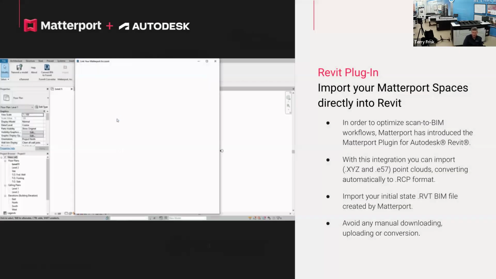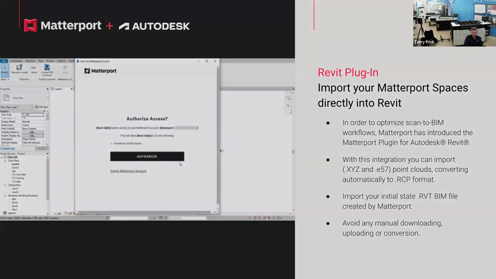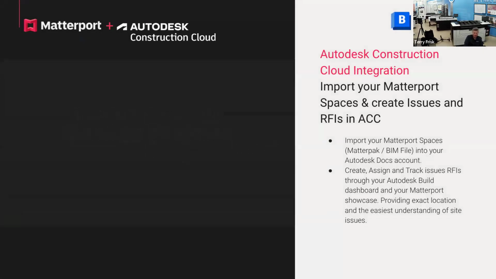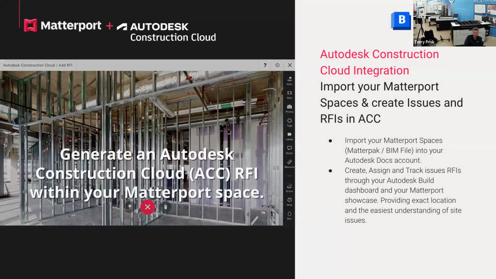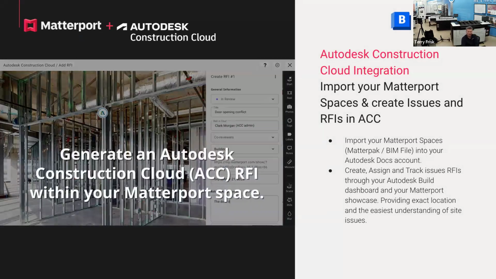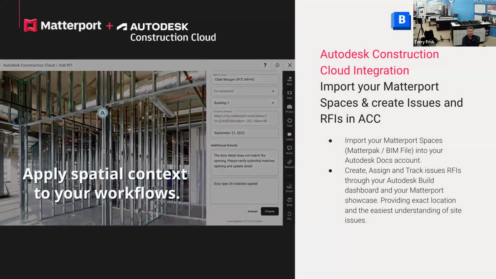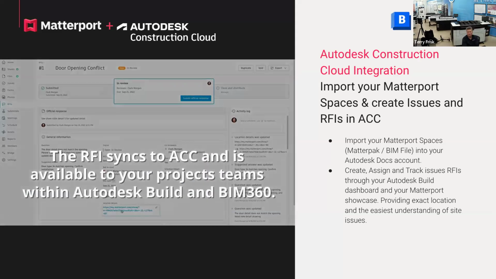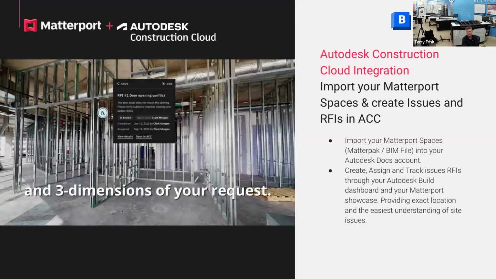I'm going to move on from this slide because Jason is going to do a demo, but the idea is that we have a Revit plugin that lets us integrate Matterport directly from Revit, but Jason is going to come back to this. What I want to talk about is Autodesk Construction Cloud. If you're not familiar, or if you are not working with Autodesk, Autodesk Construction Cloud is a platform that allows you to generate RFIs at a specific location, and with Matterport, on top of having the information that needs to be taken care of, you have great visibility.